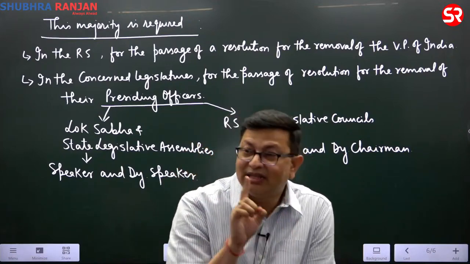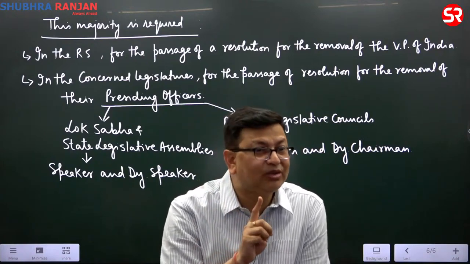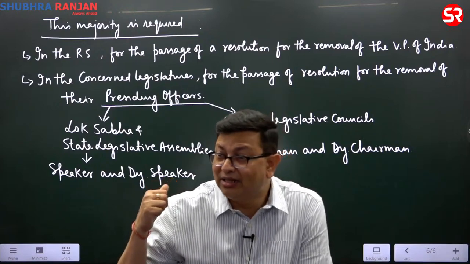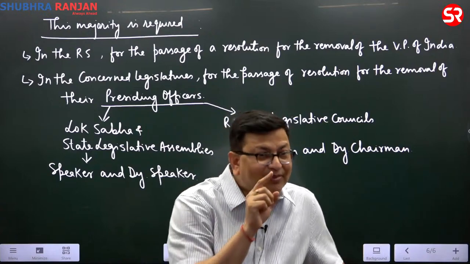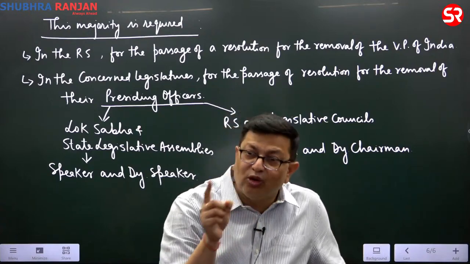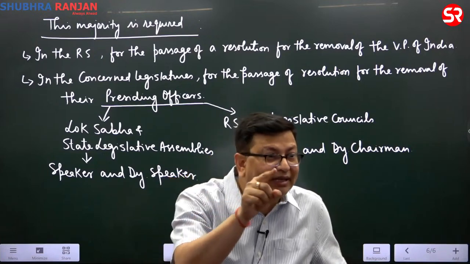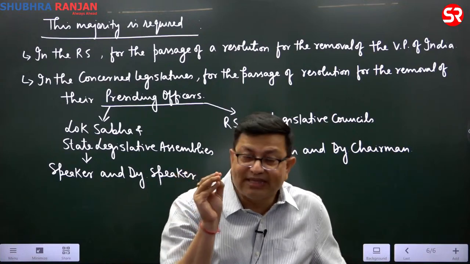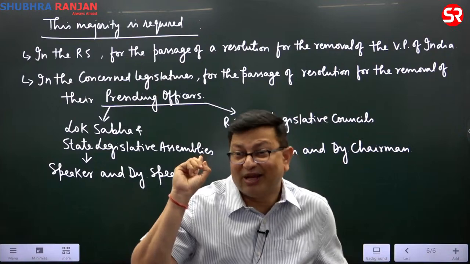If the chairman of Karnataka Legislative Council is to be removed, then this majority will be required in the Karnataka Legislative Council. If the speaker or deputy speaker of Lok Sabha is to be removed, then this majority will be required in the Lok Sabha. Done? The house whose presiding officer you need to remove, there this majority will be required.